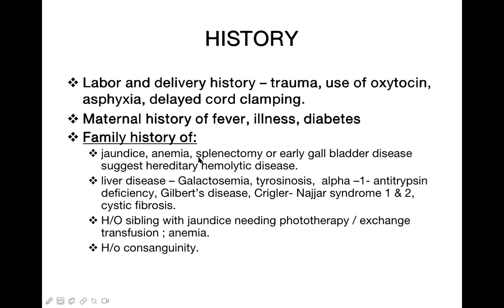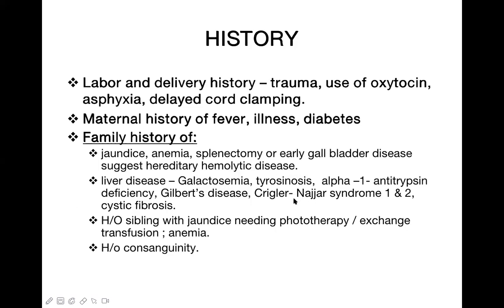Now, regarding the family history, I have already talked a lot before. We should ask about history of jaundice in the family, anemia running in the family or not, any history of splenectomy or early gallbladder disease. All of them denote hereditary hemolytic anemia, which runs in the family. So who knows, this newborn may be having the same or a similar type of disorder.